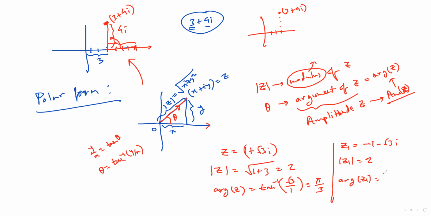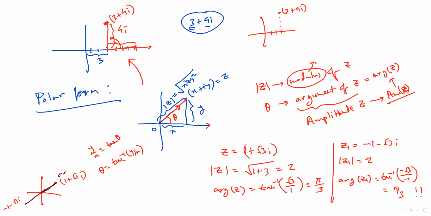So the argument should be, according to the formula we developed, minus root 3 by minus 1, which is exactly tan inverse root 3, and which is exactly pi by 3, which does not sound right, because let's see graphically, if 1 plus root 3i is somewhere here, then minus 1 minus root 3i should be somewhere here.